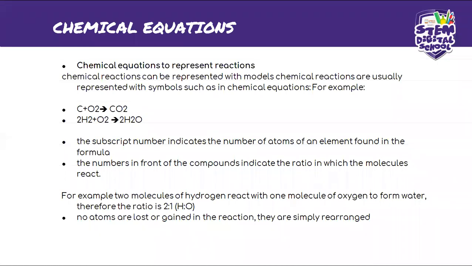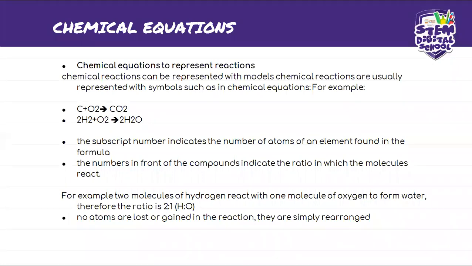So if I look at the first equation, carbon reacting with oxygen to give me what? Carbon dioxide. Then the ratio is going to be 1:1:1, meaning we have got 1 atom of carbon reacting with what? 1 oxygen molecule, then also reacting with what? 1 carbon dioxide. Now let's come to the second equation.